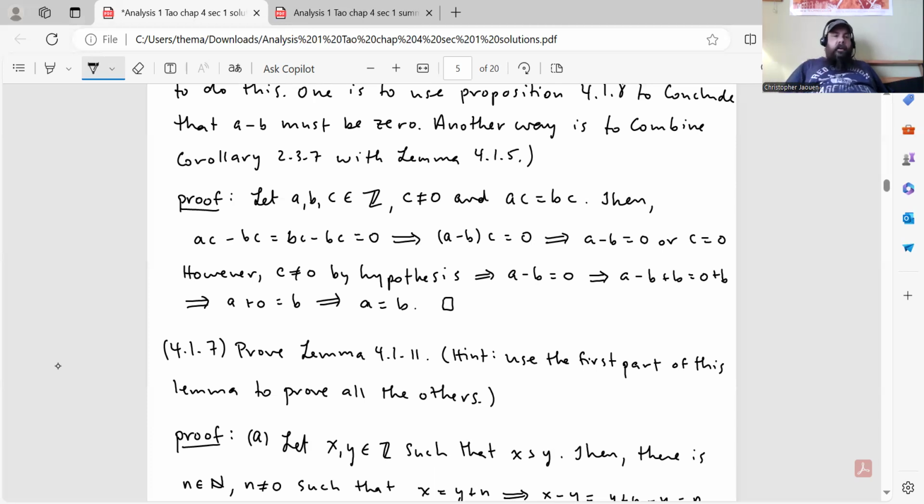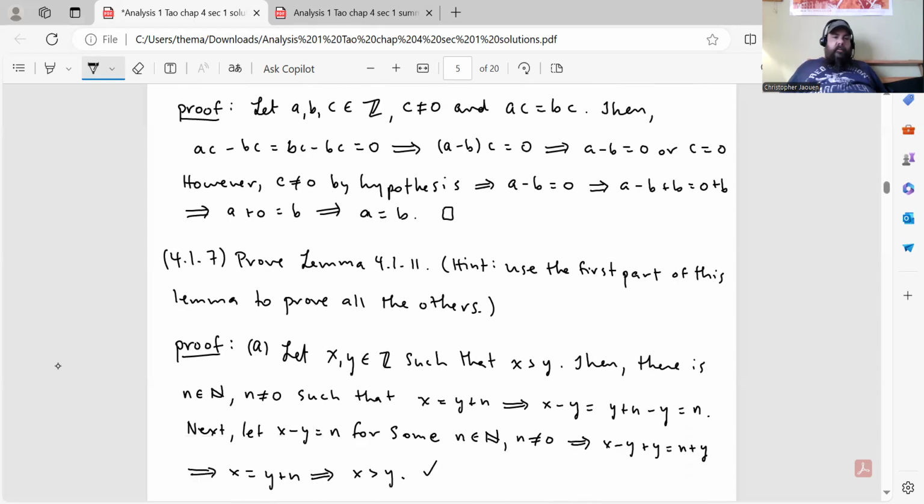That implies that here you can factor out the c by the distributive law. So that implies that a minus b times c equals 0, which implies that a minus b equals 0 or c equals 0. However, c is not 0 by hypothesis. Therefore, a minus b is 0, which implies that a minus b plus b equals 0 plus b, which implies that a plus 0 equals b, or in other words, a equals b, and that proves that corollary.